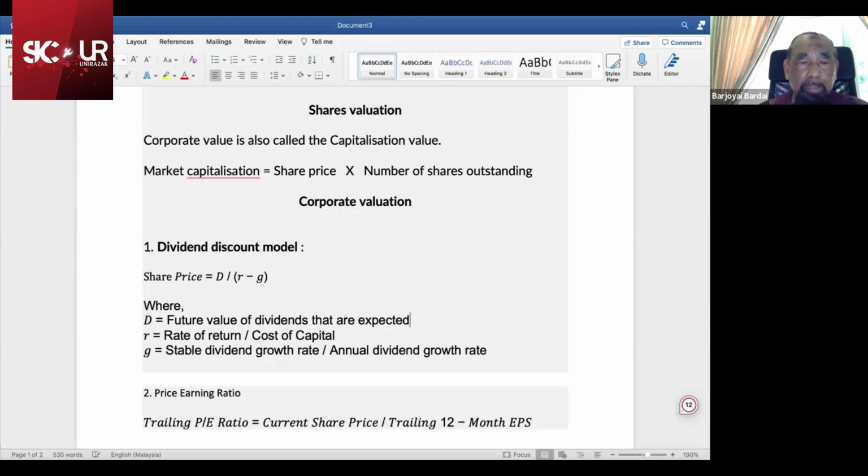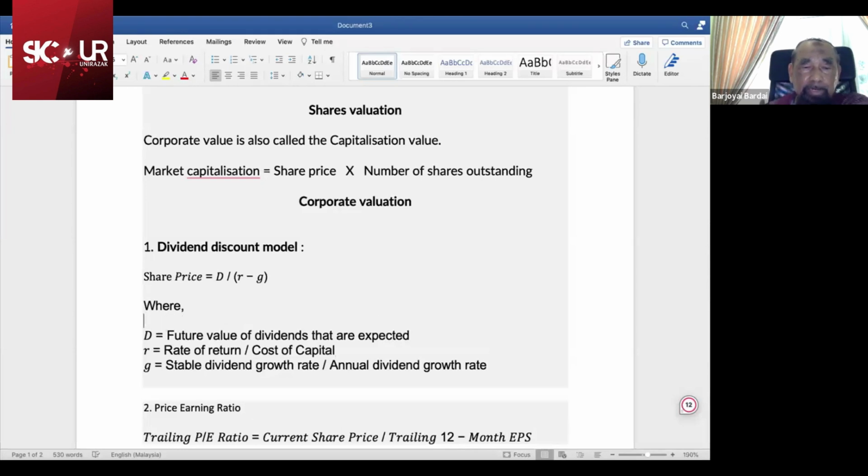So we need to take the last year's dividend payment, and then we will also determine the dividend growth over the last 5 or 10 years, and then we will use the dividend growth rate as G, and the cost of capital is R.